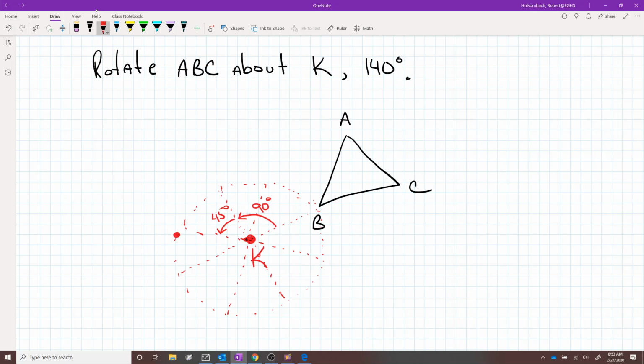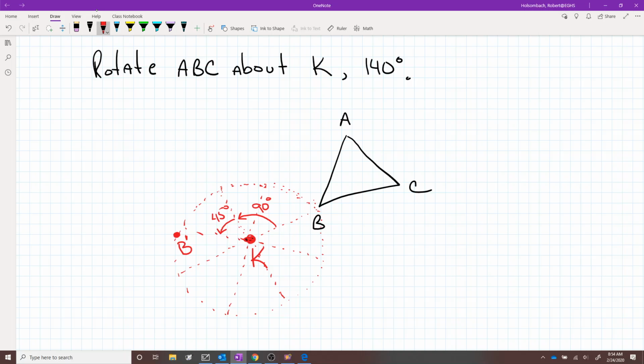So if you take B and rotate it around K to right there, there's your B prime. Then you have to do the same thing with each vertex.